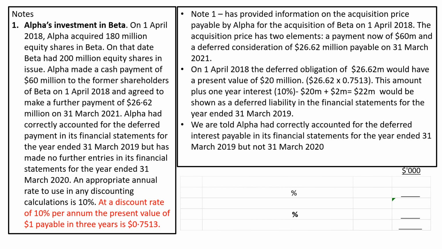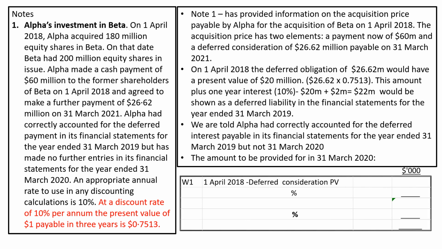We are told that Alpha has correctly accounted for the deferred interest payable in its financial statements for the year ended 31st of March 2019, but not 31st of March 2020. So the amount to be provided for in 31st of March 2020 is: start off at 1st of April 2018, showing the present value of the deferred consideration as 20 million.